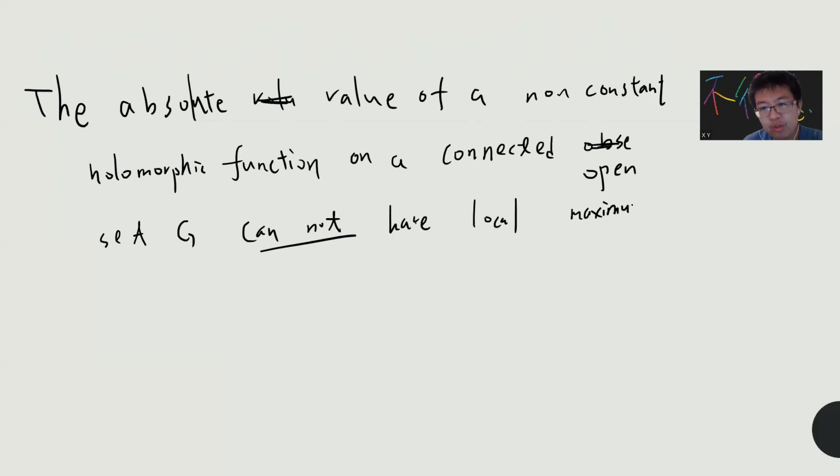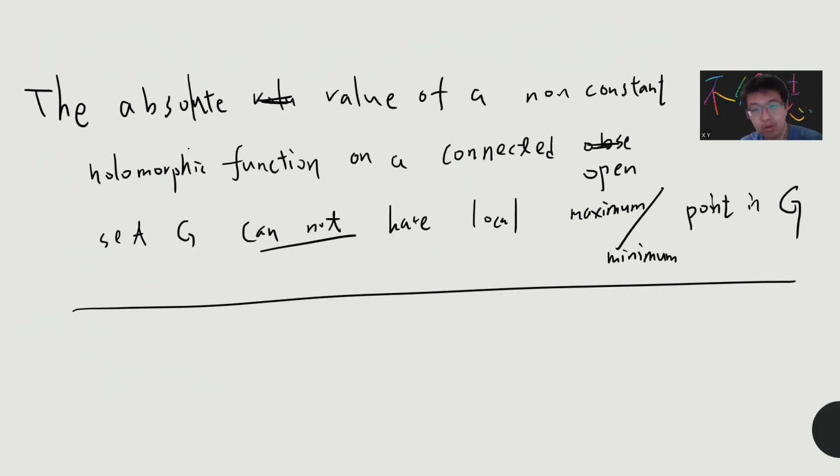You can also show that if you reverse all the signs, you get the same result. So it cannot have local maximum or minimum points in G. The proof is similar. It's just the same thing as what we did previously, a restatement.